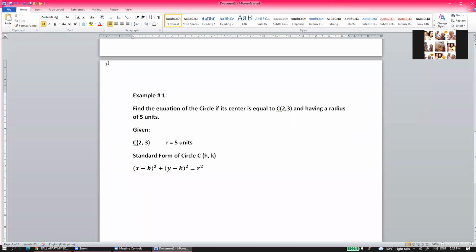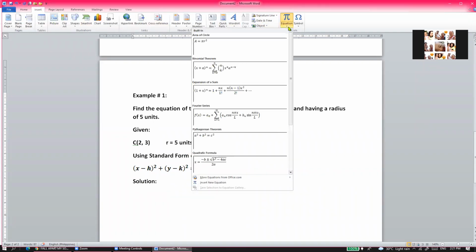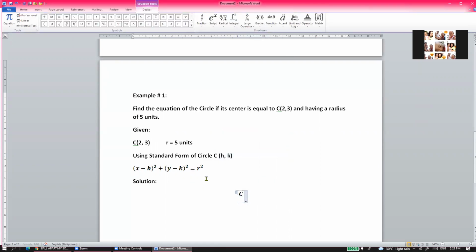Now, ganyan ang flow ng calculation ko: standard form of a circle, center H and K. Now, for our solution, i-compare ko muna ito, this one, to this one. Okay, so let me type it. So, I'll have C, then H and K equal center 2 and 3.